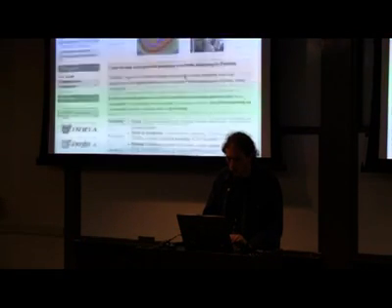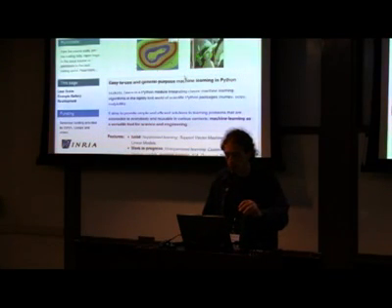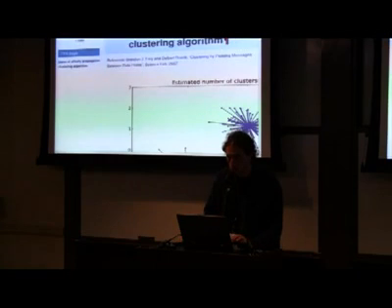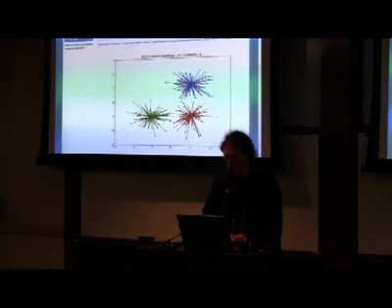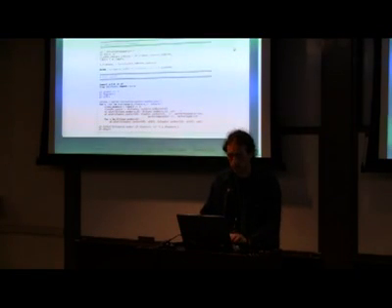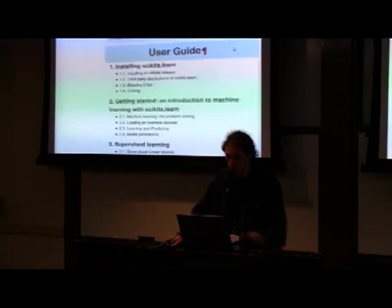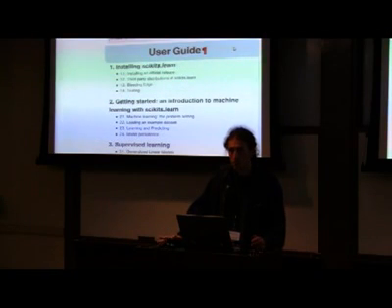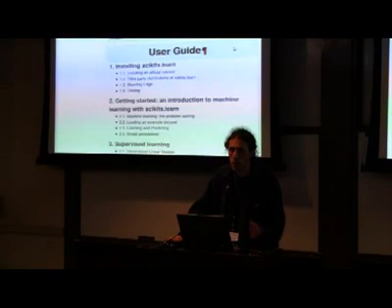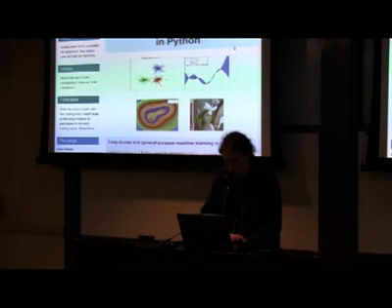So we try really to have a huge amount of examples, to have text going with them to explain these examples, to have, so this is a clustering algorithm with the centroids, to have figures to try to help you develop an intuitive feeling about this, and to have discussion about the links between the different algorithms. We can't give a simple message. We can't tell you, oh, just use this method, it's going to solve all your problems. This is untrue, and you're going to have to try out different methods and understand a bit what's in your data. We do try to make it as easy as possible to do this.